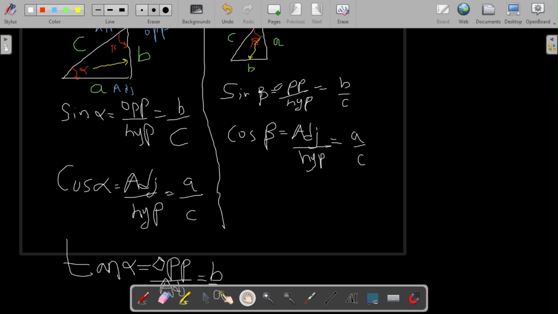How about the tangent? Tan beta. You will see that we still get the same thing just like tan alpha. Now, this is opposite over adjacent as well.